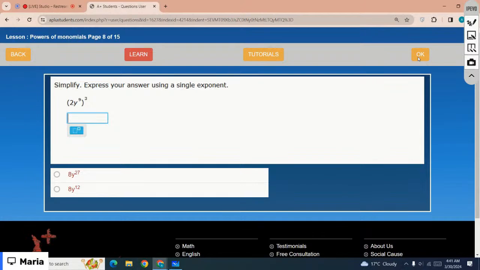Yes, that is 8y27, right? The correct option is 8y27. Option number 1 is the correct option.